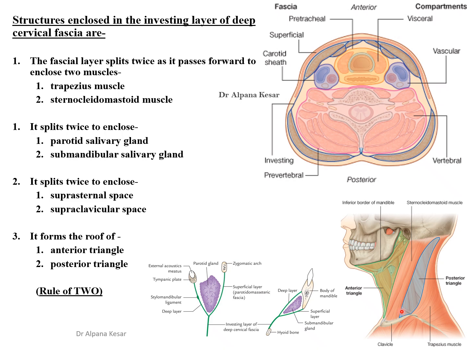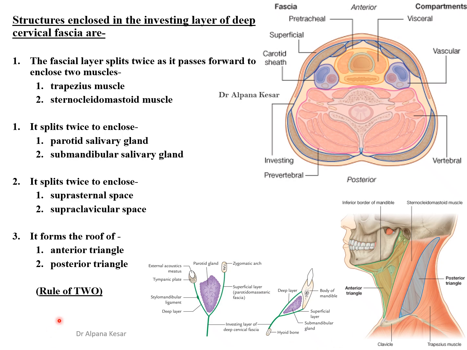The investing layer of deep cervical fascia forms the roof of two triangles in the neck, the anterior triangle and the posterior triangle.